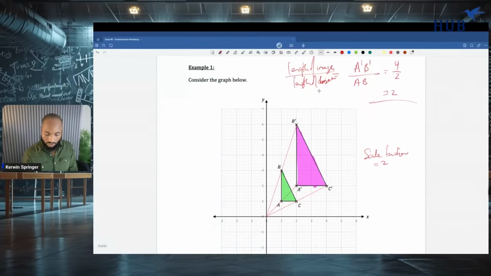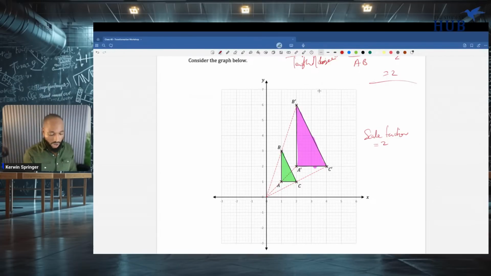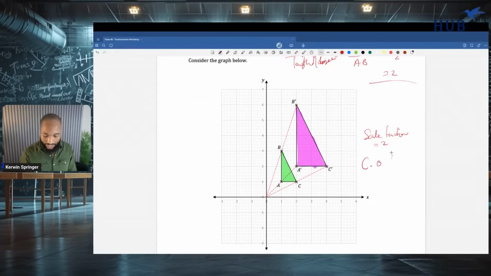One more thing. What is the center of enlargement, class?